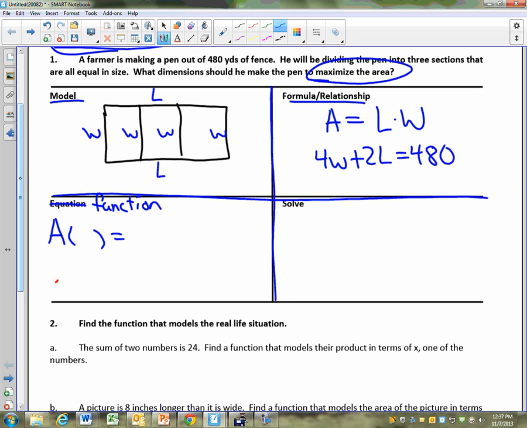So I can either solve for L or solve for W in this problem. It's going to be easier to solve for L. 2L equals 480 minus 4W. I subtract the 4W over. So what is L equal to? 240 minus 2W.